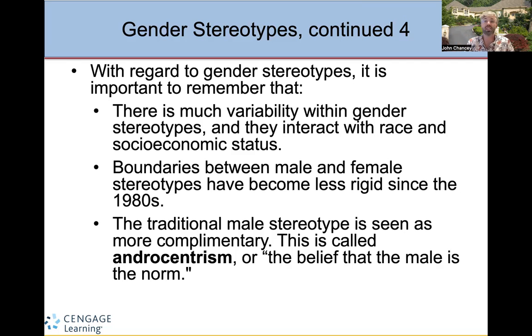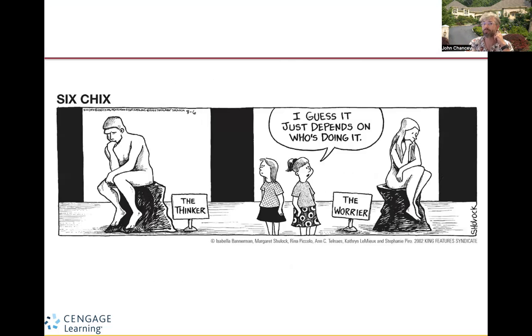But we still live, at least in American society, where male stereotypes tend to be more complementary. There's androcentrism, looking at the world from a male perspective as if that is the norm, which is kind of funny because there are more females than males, at least in American society. So males are definitely in the minority on this, but yet the thinking would maybe have you believe otherwise.